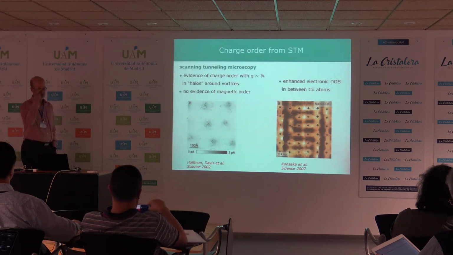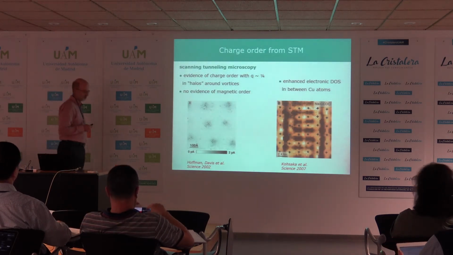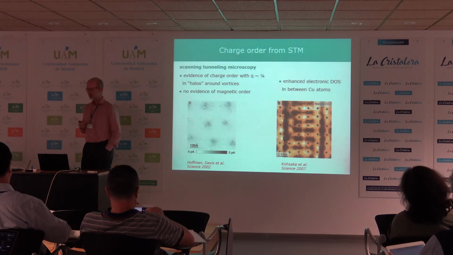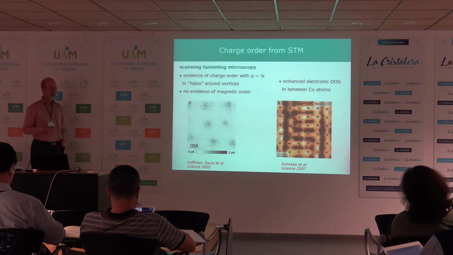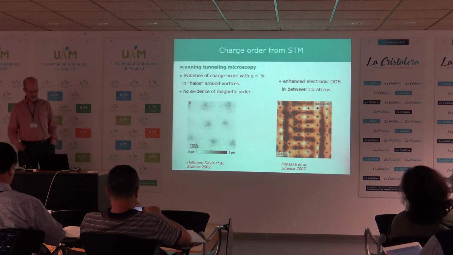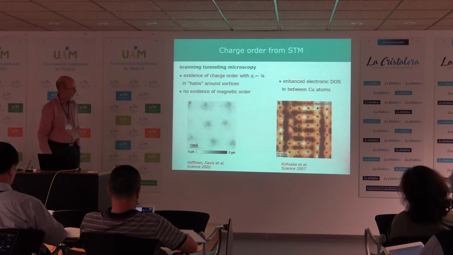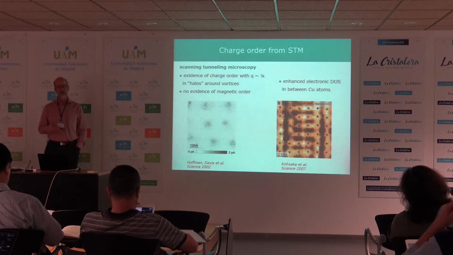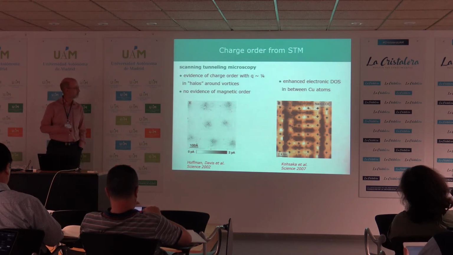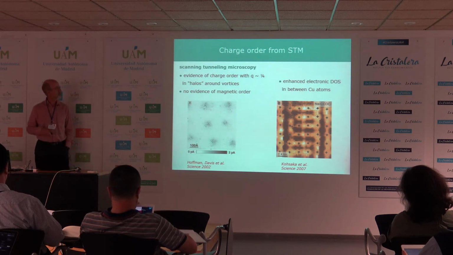What is generic, however, is charge order. That is now seen basically in every cuprate, and over the years there's been a lot of evidence for charge order, beginning perhaps with this famous checkerboard and vortex core work in, I think, Bi2212 by Jennifer Hoffman and James Davis.